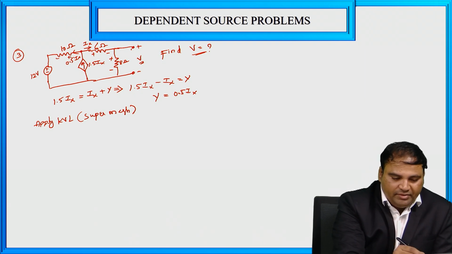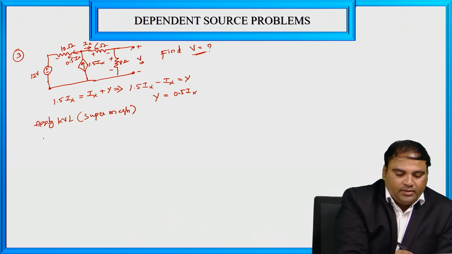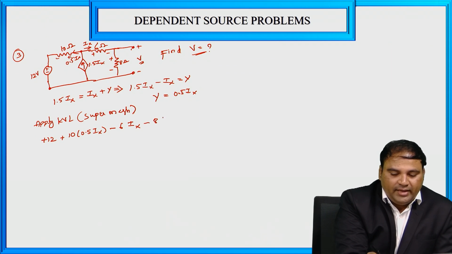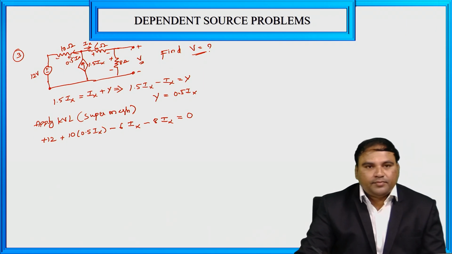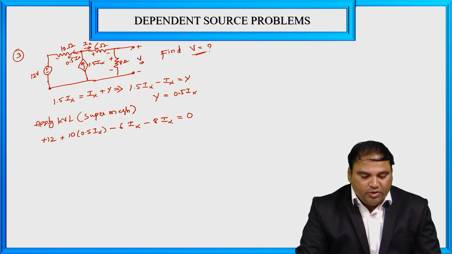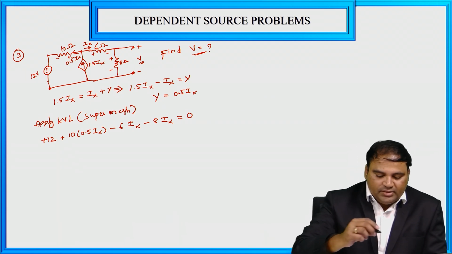So I am starting from here, plus 12 plus 10 into 0.5 Ix minus 6 Ix minus 8 Ix equal to 0, okay? So plus 12 plus 10 into 0.5 Ix minus 6 Ix minus 8 Ix is equal to 0.